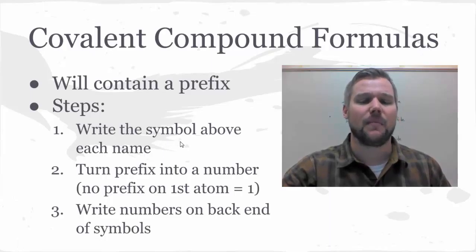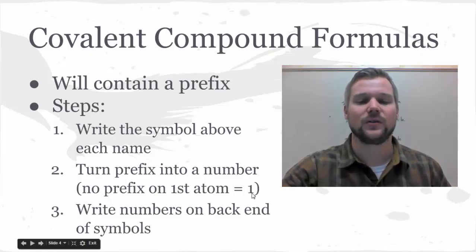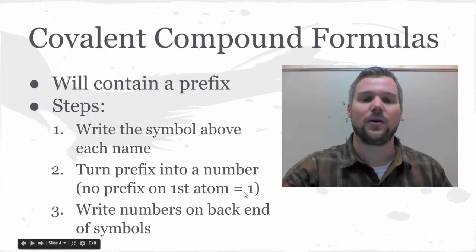If that prefix is mono, it's 1, but if the first atom doesn't have a prefix, it's also 1. So the second atom will always have a prefix, but that first atom, if it's lacking a prefix, its subscript's going to be 1. Then we're just going to write those numbers that we just wrote above the name behind the atom symbol.